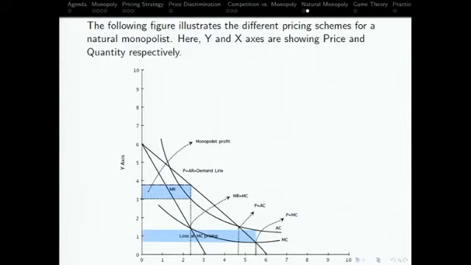One way to do that, you set your output in such a way that producers get 0 profit. Zero economic profit means every factor gets its return back. Once you distribute the returns to the factors, no excessive level of profit is left, right? So that's why we follow the average cost pricing.